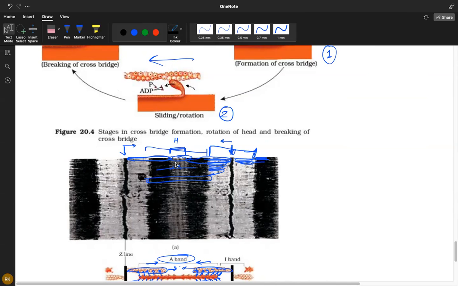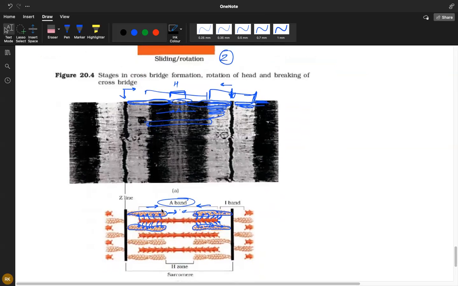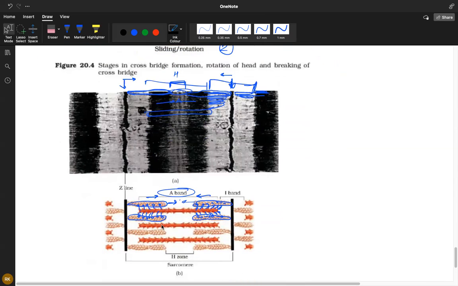What will happen to the A zone, the A band? Can you tell me, based on logic, Devangi and Janya, what will happen to the A band? Let me erase and make it clear for you. The A band is where myosin is present.